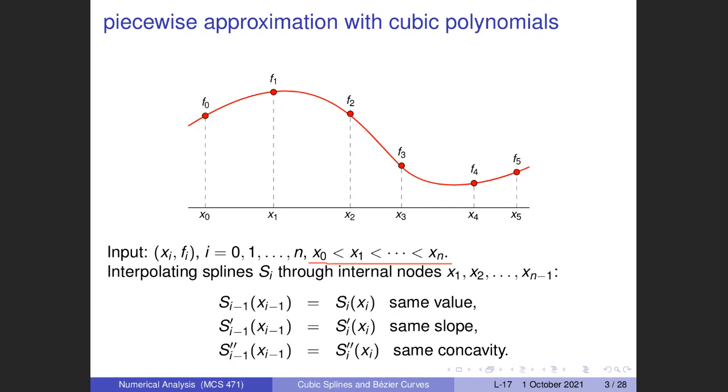Well, let's focus on this x3, f3 here. So let's pretend that this is i equals 3. So we have one spline, which is S3. S3 here has the same value as S2. So the S3 at the point, the previous spline takes the same value as the next spline.